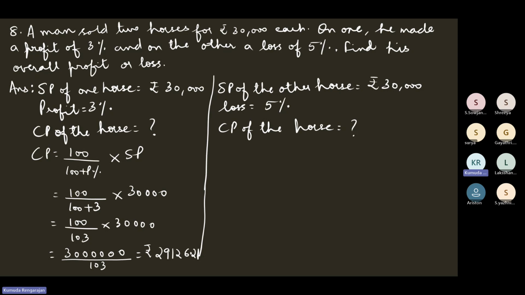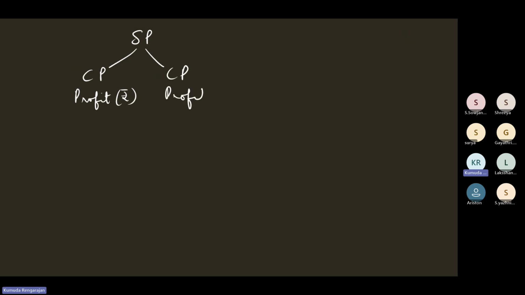Finding CP given SP and profit in rupees is different from finding CP given SP and profit as a percentage. To find SP, you'll be given CP and profit in rupees or CP and profit in percentage.